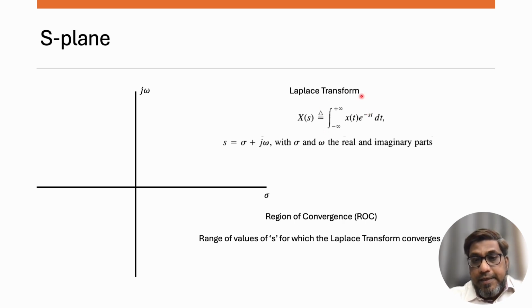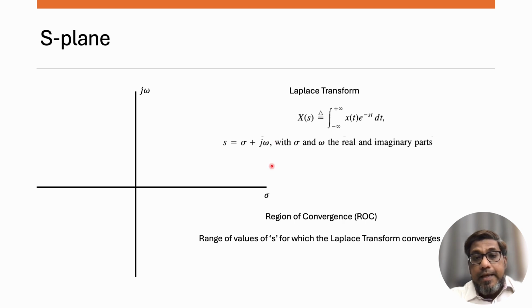So this integral here is what gives us the Laplace transform, and the variable s is a complex number denoted by sigma plus j omega, where sigma is the real part of that complex number and omega is the imaginary part.